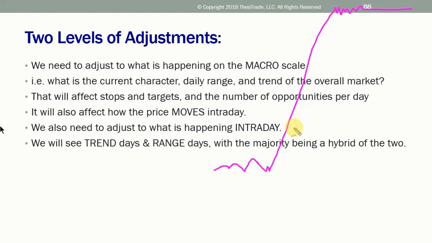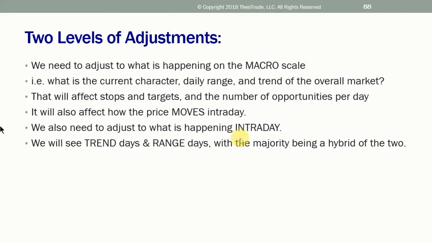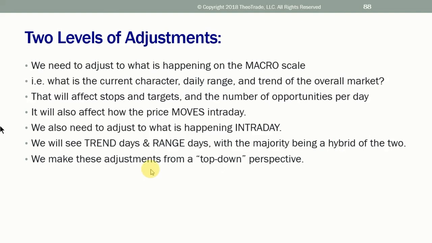You have maybe one chance to get on, and then the train's left the station. Range days are where it just sits there and does nothing. The majority are a hybrid between the two. We might get a little bit of a trend, and then it pulls back into a range, and that's okay. The hybrids are good. So we make these adjustments from a top-down perspective. I will look at the macro first and then focus on the micro.